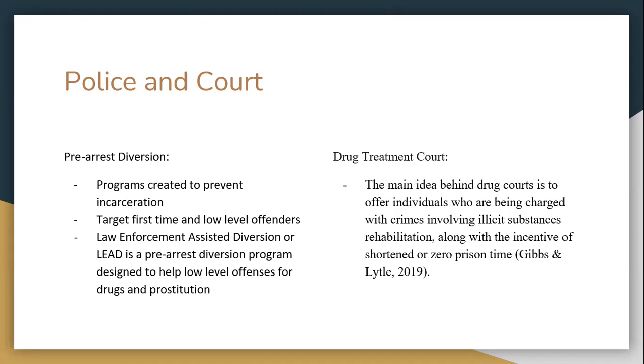This program focuses on low-level offenders for drug and prostitution offenses. Drug treatment court is an alternative court that allows individuals to enter into a substance use treatment program or rehab with the incentive of a shortened prison sentence or no prison sentence at all.